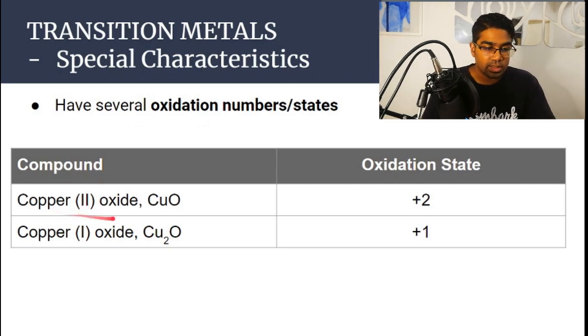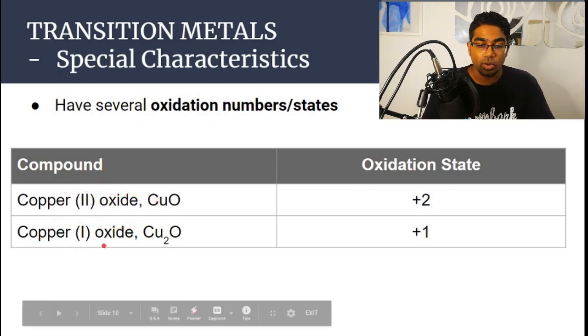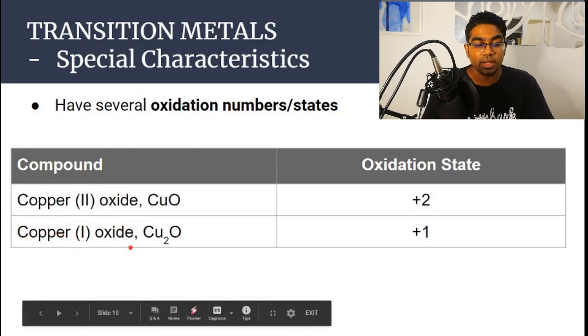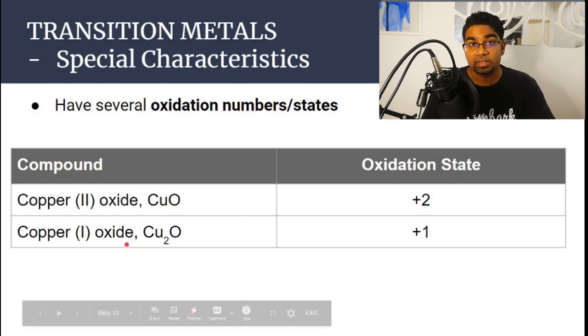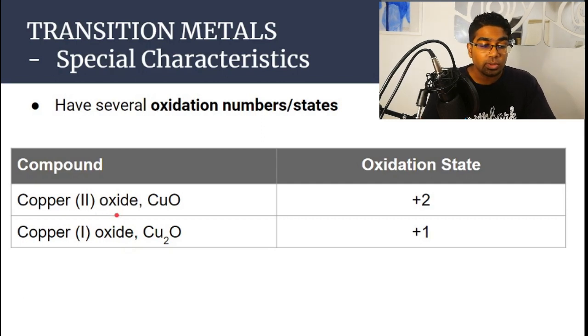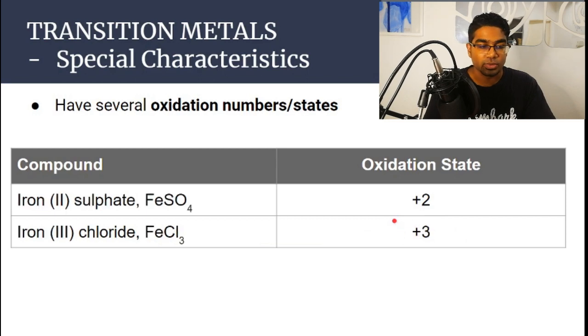So let's look at copper in two different compounds. We have copper 2 oxide and copper 1 oxide. The oxidation number or the oxidation state means the same thing. The oxidation number of copper in copper 2 oxide is +2, whereas in copper 1 oxide it is +1. So copper, the transition metal, has two different oxidation states here in two different compounds.